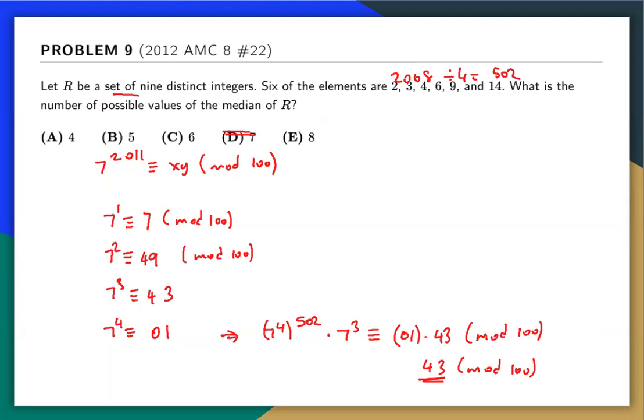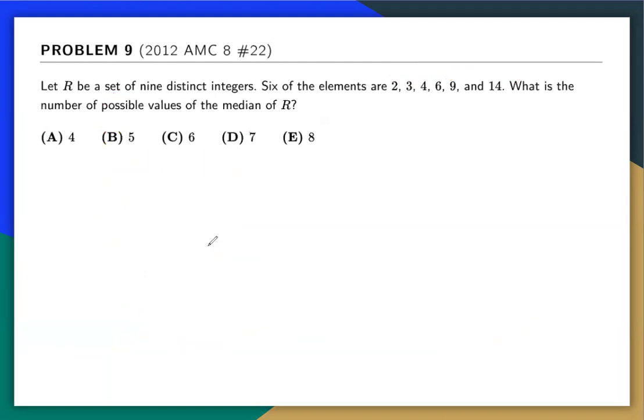So here's the next question. Number 9: R is a set of 9 different integers, and 6 elements are given: 2, 3, 4, 6, 9, and 14.